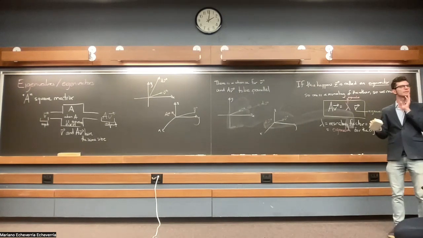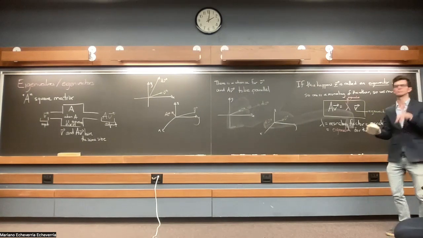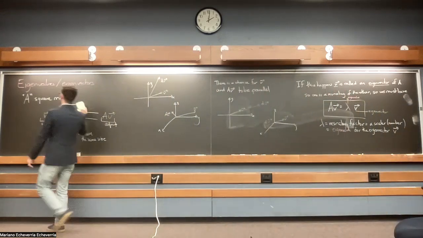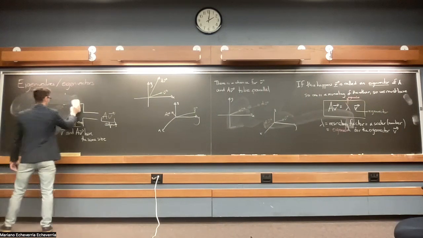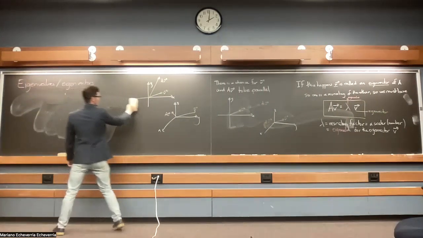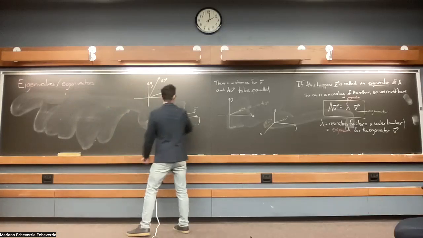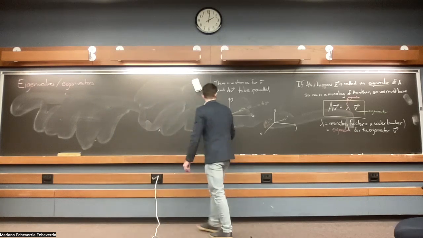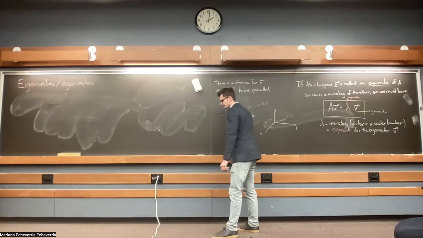So let me give you an example to make this a little bit more geometric, and then I'll give you more of a criteria to find this stuff. Let's make things a little bit more concrete. Let me do these two examples. So here's example one.